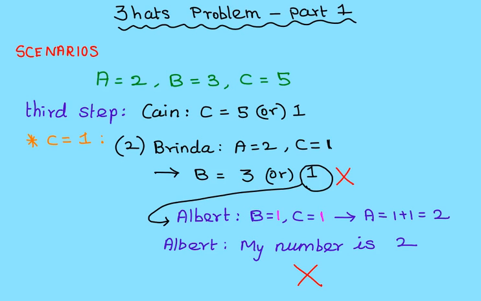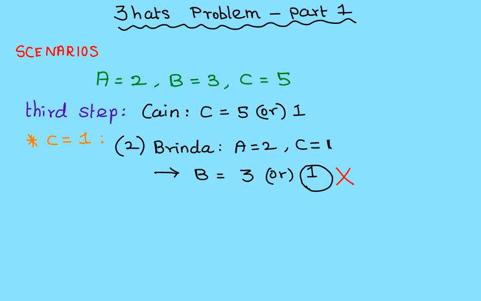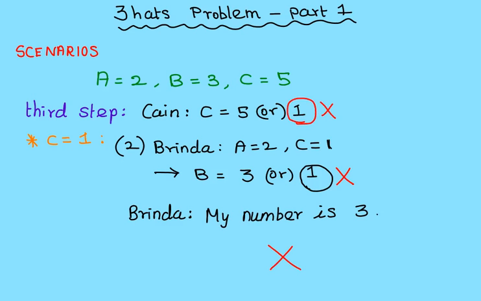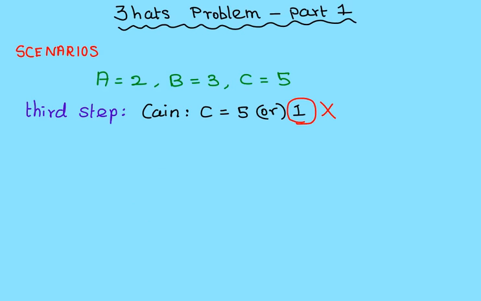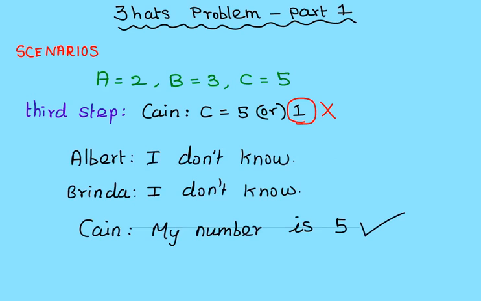So in the second step, Brinda would have claimed her number to be 3, but that too has not happened. So Cain deduces that his number can't be 1. So he says, my number is 5. So this scenario ends in the third conversation with Cain claiming his number to be 5.